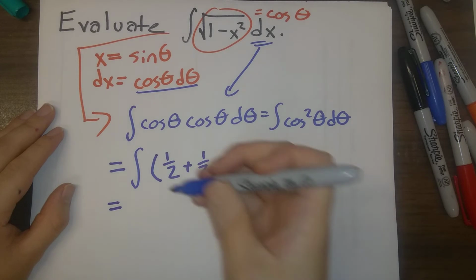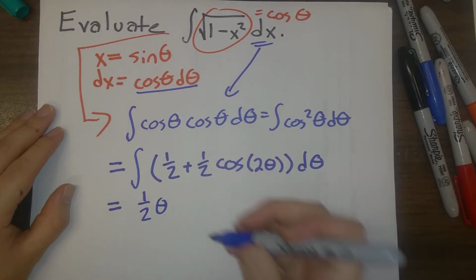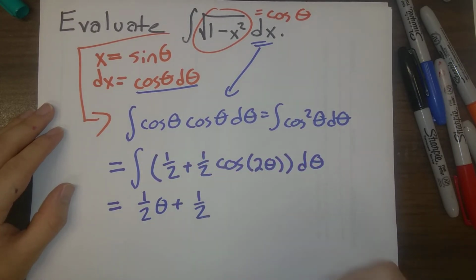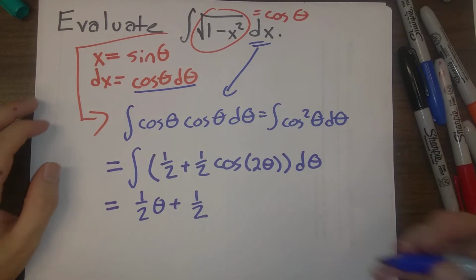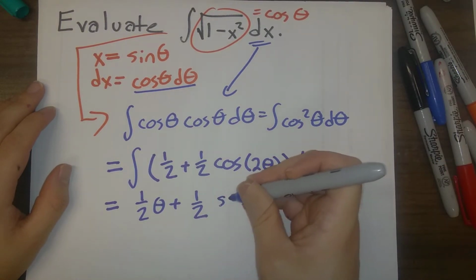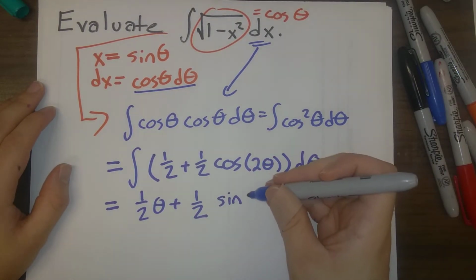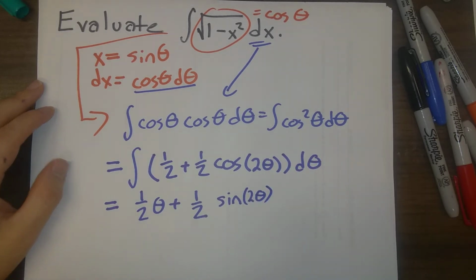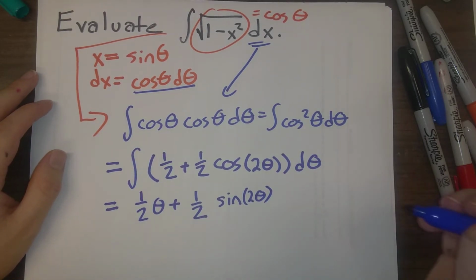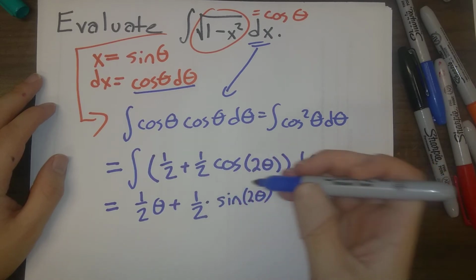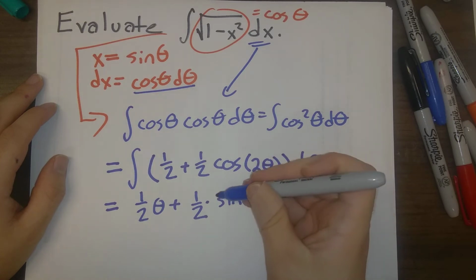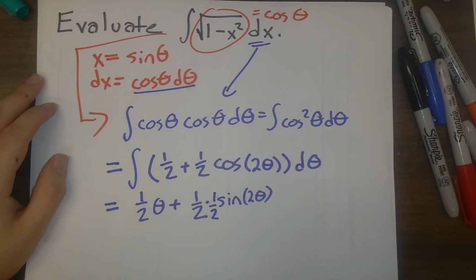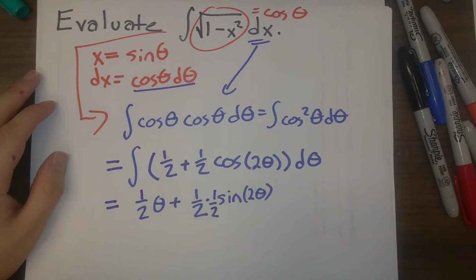And when we integrate this, we get 1/2 theta plus 1/2, and then this ends up as the integral of cosine is sine of 2 theta, and when we integrate, there's a substitution here, an extra factor of 1/2 comes out here.